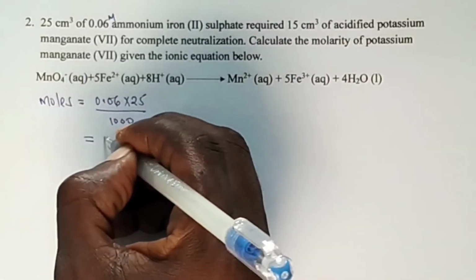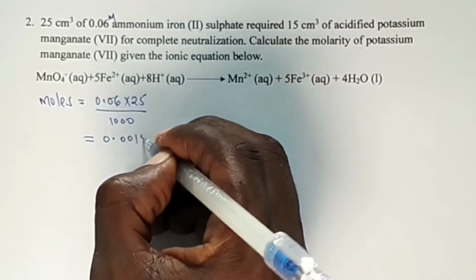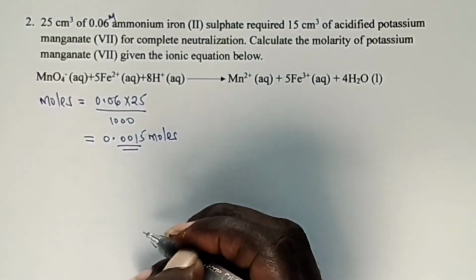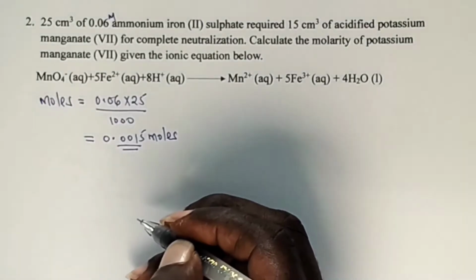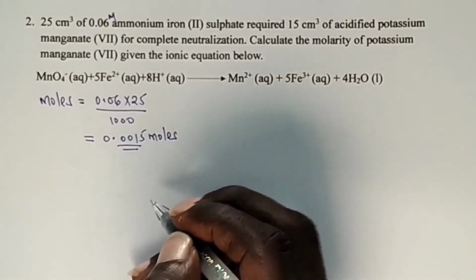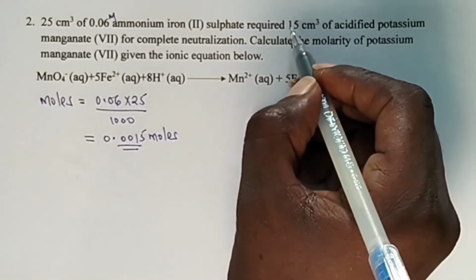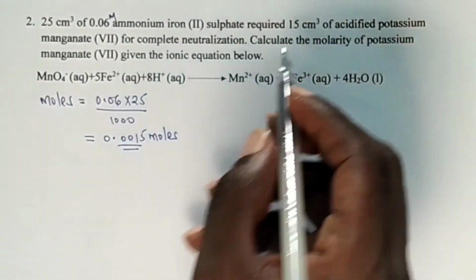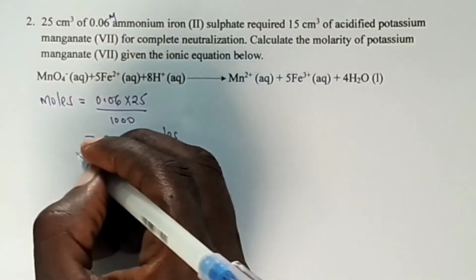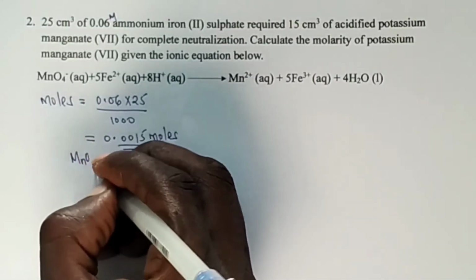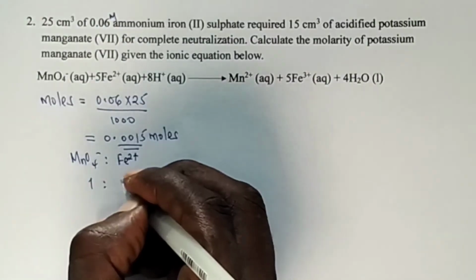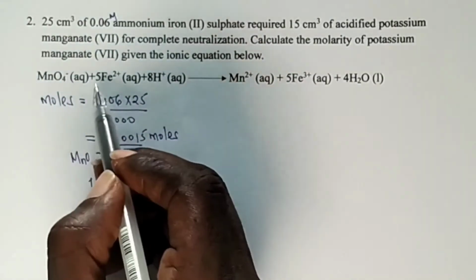So here we are going to get 0.0015 moles of ammonium iron 2 sulfate solution. So next we want to get the number of moles of potassium manganese 7, but we have its volume only. So we can get, using the ionic equation, the number of moles of potassium manganese 7. So let's have manganese 7 ions ratio iron 2 ions in the ionic equation. It is 1:5. There's 1 here and there's 5 here.